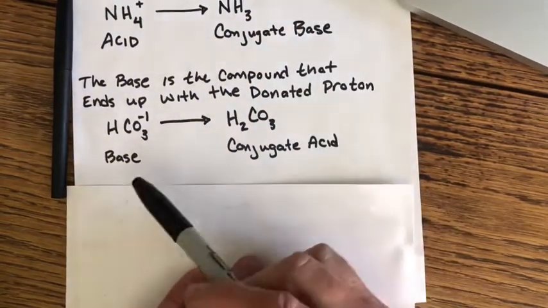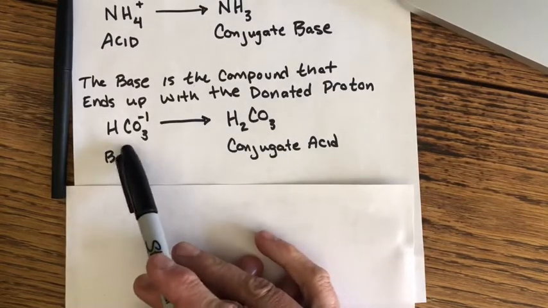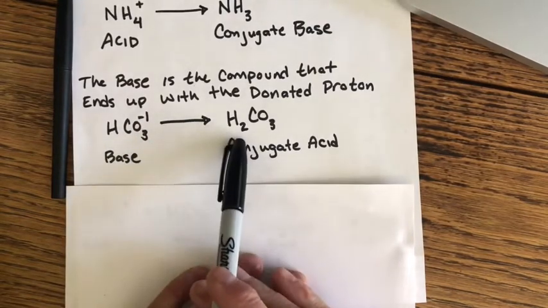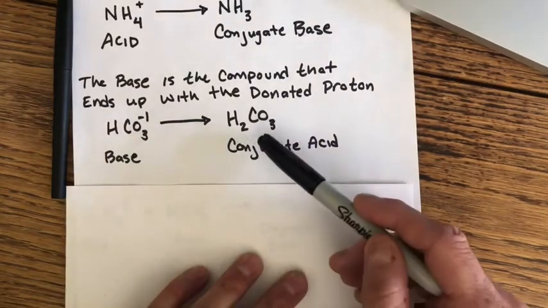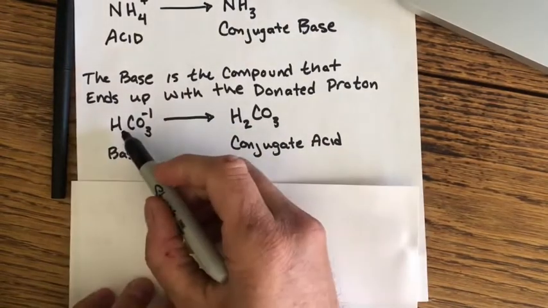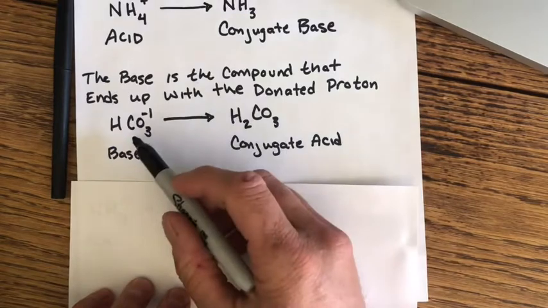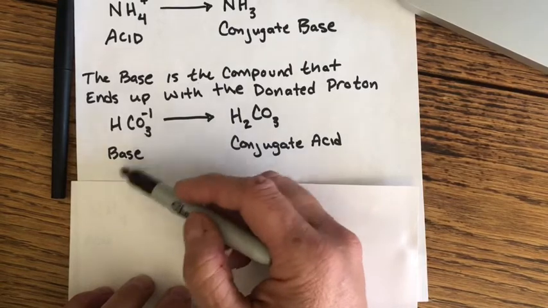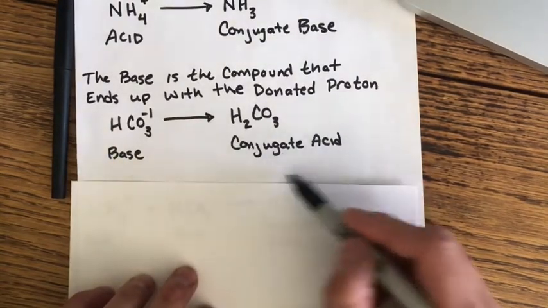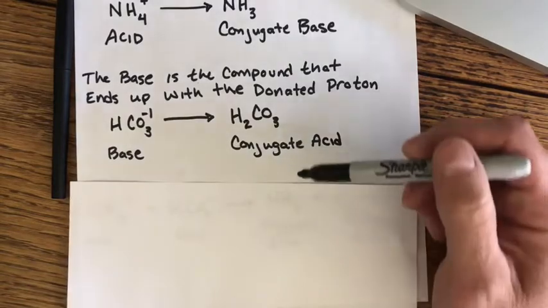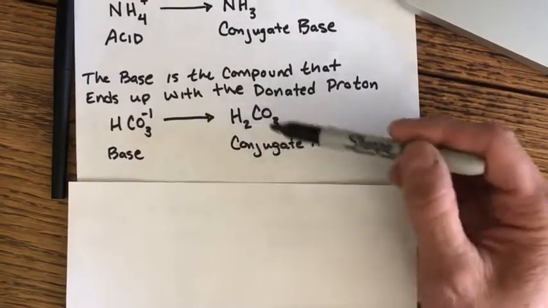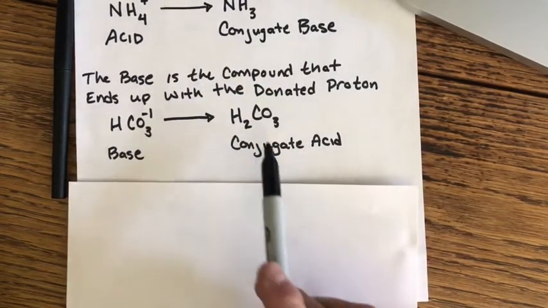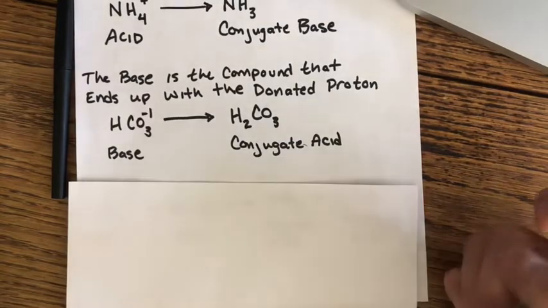Let's just say that the base, which starts out as HCO3 with a -1 oxidation state, somehow picks up a hydrogen ion and becomes H2CO3. So the only change to the formula is our number of hydrogens from 1 to 2. And so the base is the compound that's going to ultimately end up with another hydrogen ion to become what we call the conjugate acid. I like to think about this that what makes something acidic is the hydrogens, and so if you're adding hydrogens to a base, it becomes more acidic, becomes what's called the conjugate acid.